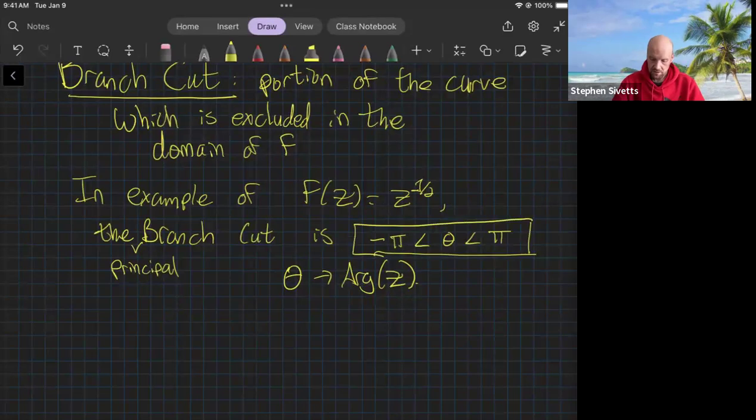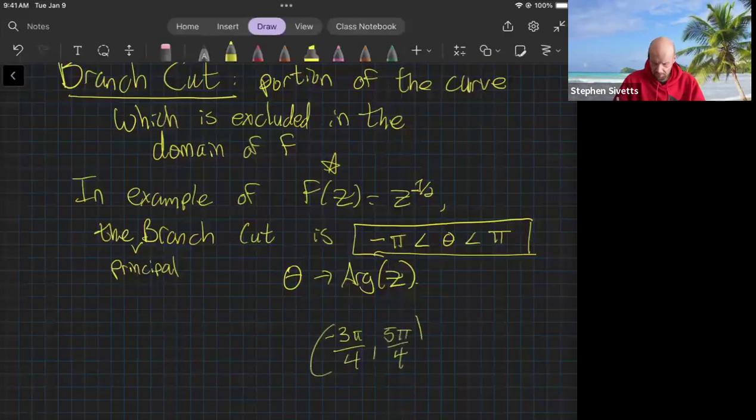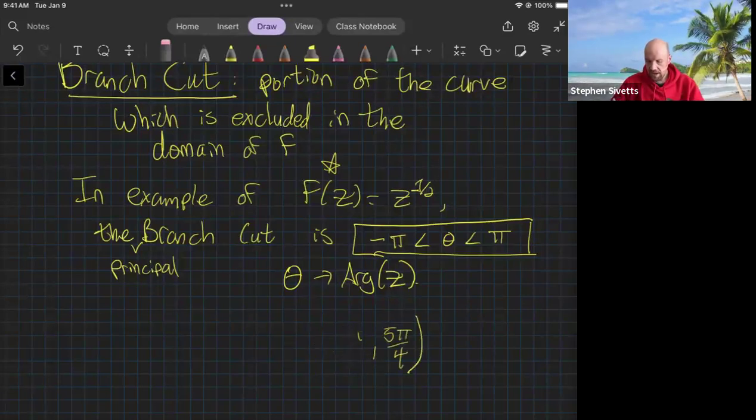The branch cut of this square root function. Okay. And then not only that, we can take multiple branch cuts and still have a defined function for the square root of z. So we could also take like minus 3 pi over 4 to 5 pi over 4. I believe that's another branch cut of the square root of z. And you would still have a defined function for the square root of z.